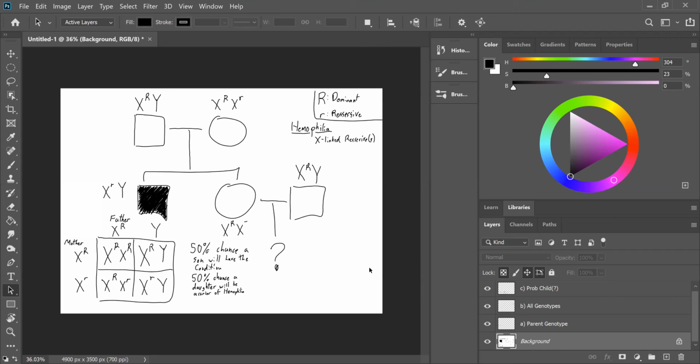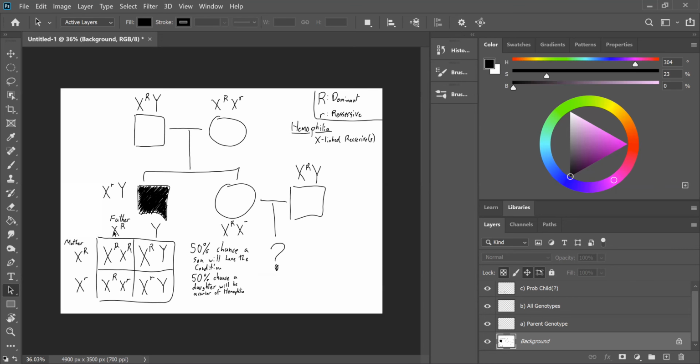That's part B. Part C is to determine the likelihood that a child of Moira and Johnny will have hemophilia. We use a Punnett square to figure out all the combinations of chromosomes that Moira and Johnny can pass to their children.